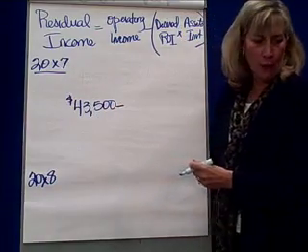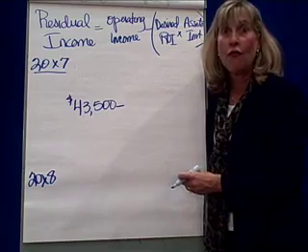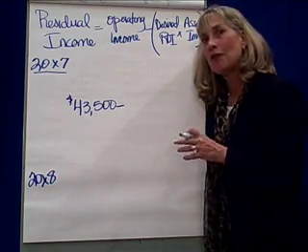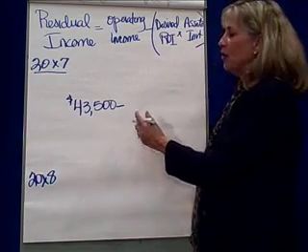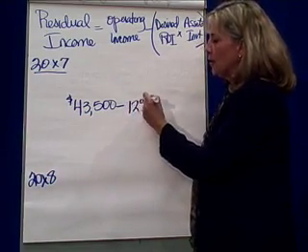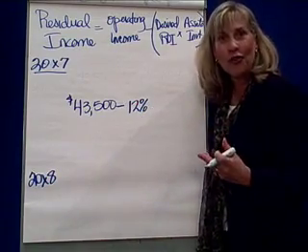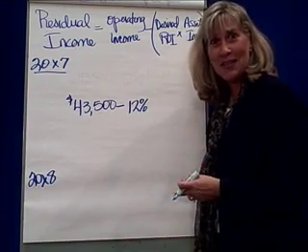It also tells me in requirement 2 that the desired ROI for this investment center manager, could we have a different ROI for each manager? Sure can. So for this particular manager, we're expecting them to give us a 12% return on the assets that we're entrusting them with to make a difference.